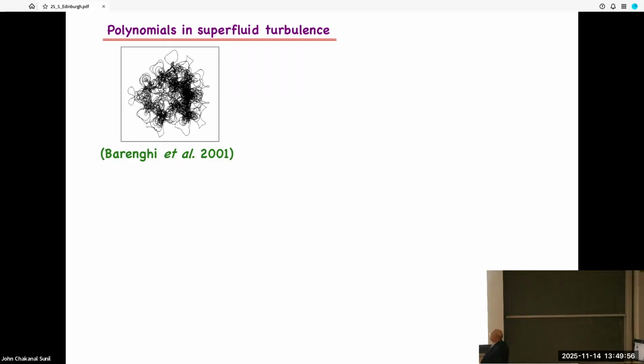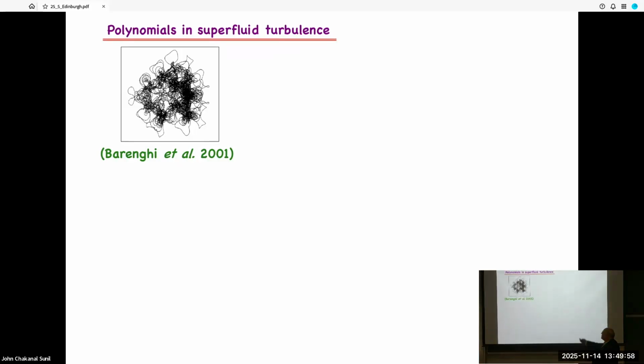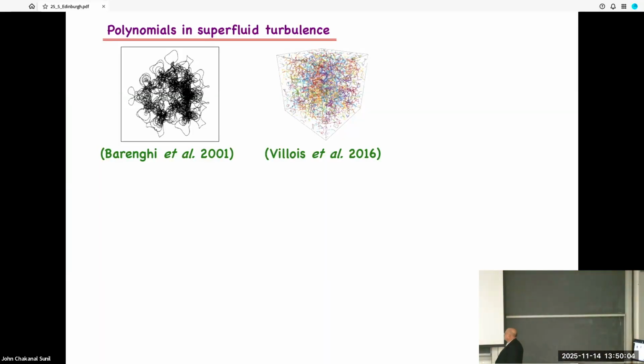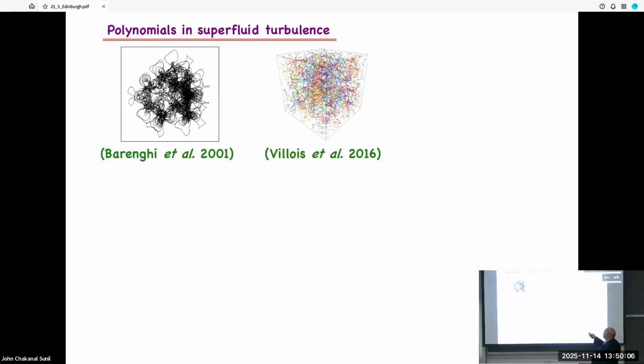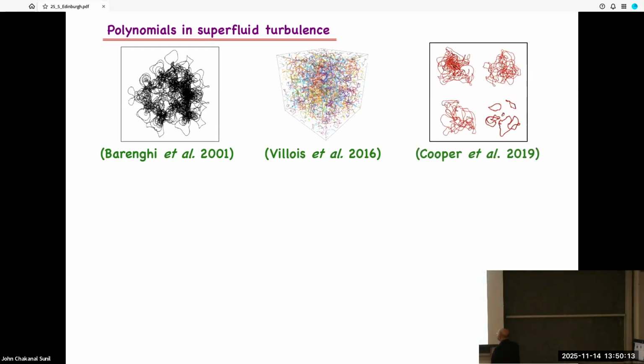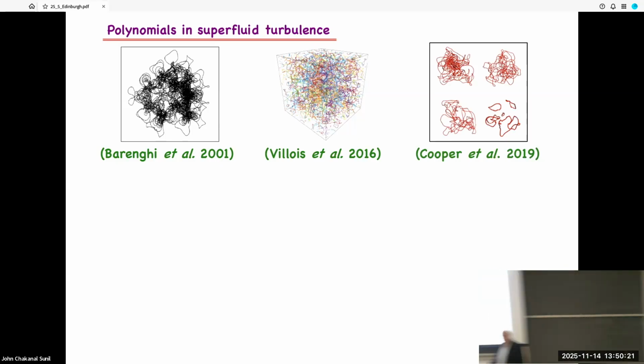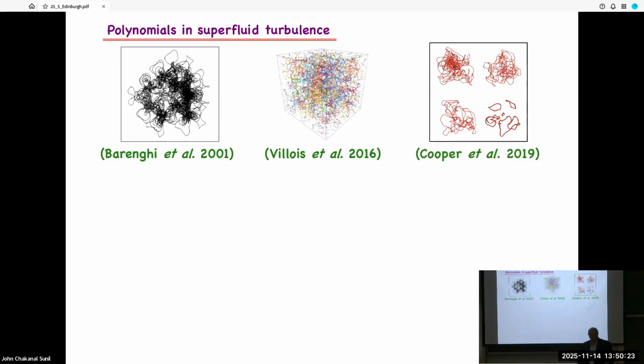We conducted some research on an original tangle after a Newton Institute program, and this is a very old picture, as you saw, 24. But then others came, and an extremely intricate tangle of filaments, and more recently, the group of Carlo Barenghi found extremely complicated knots using a polynomial like Jones.